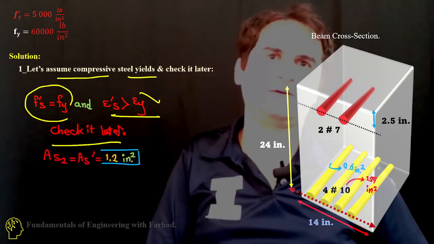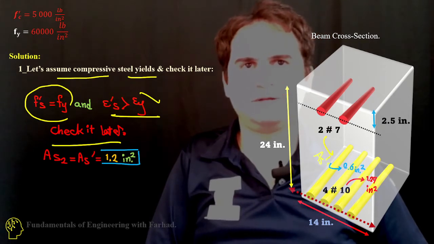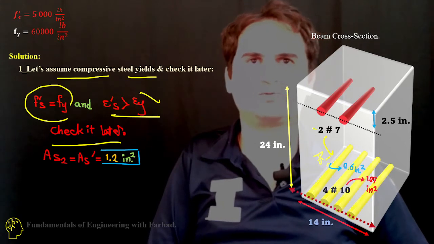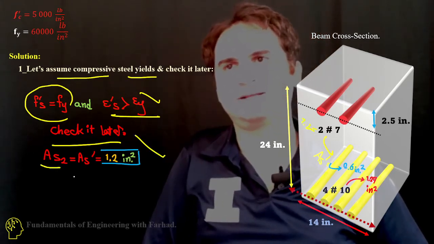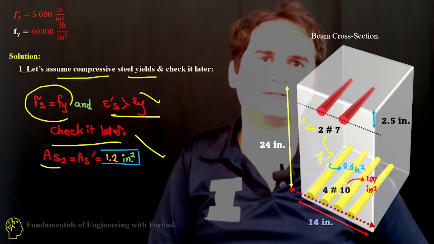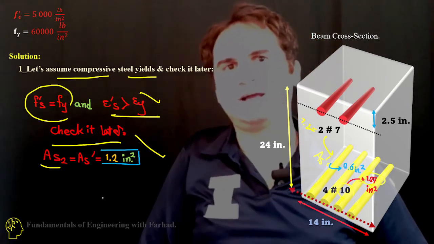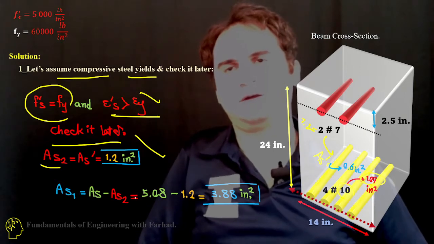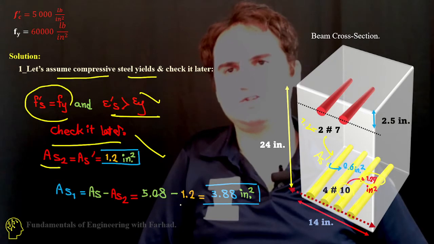So the area of As prime: each number 7 is 0.6, so two of them is 1.2 inches squared, which you can see here. We can call that As2 as well. The area of number 10 is equal to 1.7, and four of them makes the area of tensile steel 5.8 inches squared.